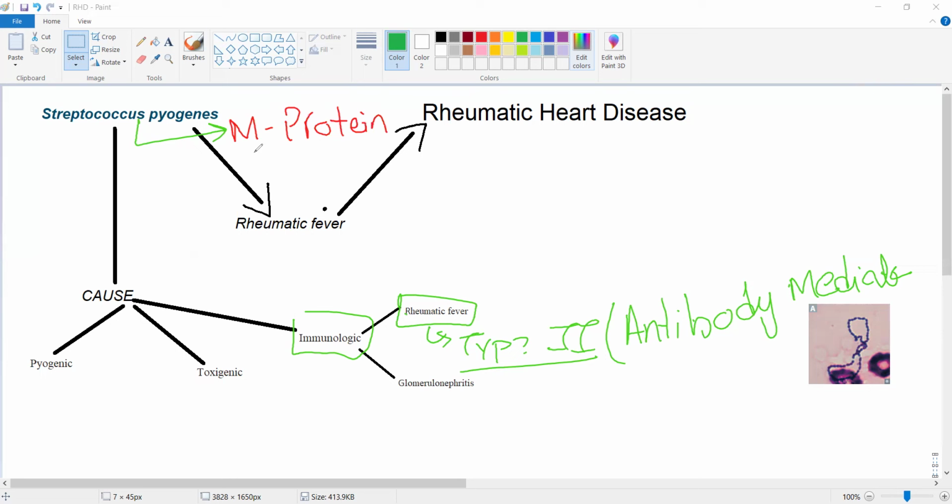Our body produces antibodies against this M protein. This M protein resembles myosin and tropomyosin.